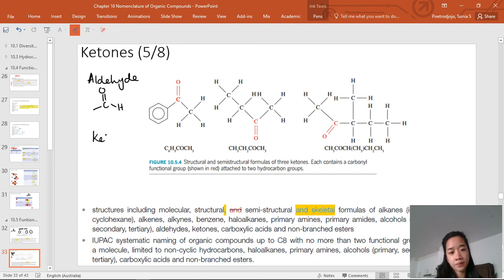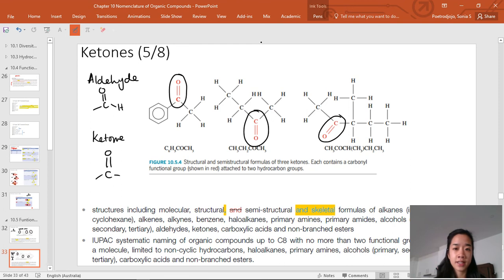A ketone does not have the H. Looks like this. So ketones are always in the middle of a compound. So we can see here it's always in the middle.